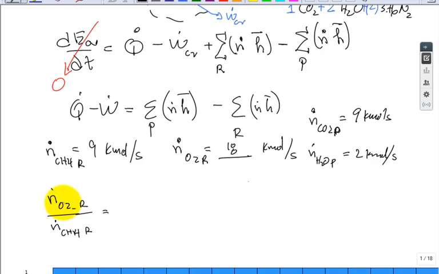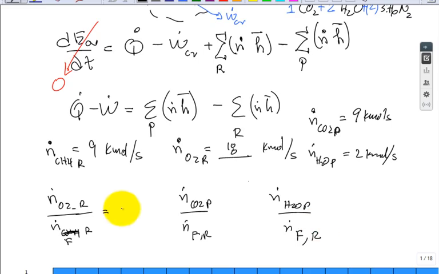This is just oxygen. I'm just doing a ratio. And then the molar flow rate of CO2 going out in the products divided by the number of moles of fuel, F, in the reactants. And the number of moles of H2O in the products divided by the number of moles of fuel in the reactants. For this example that I worked out, the fuel is methane.